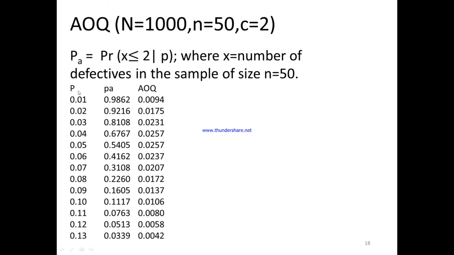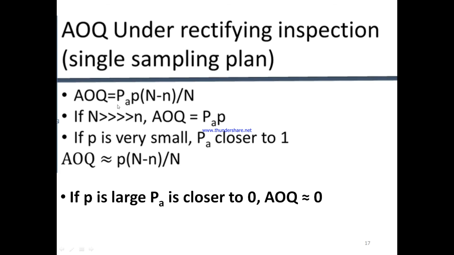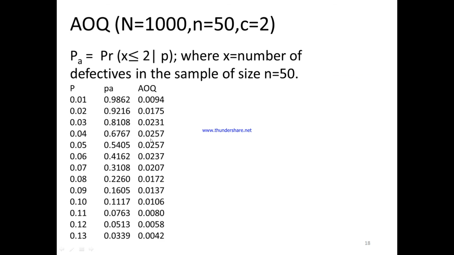So what I have done here is, now I have taken different p values starting from 0.01, 0.02 likewise, and in each case I have calculated the probability of accepting each lot with the given proportion of defectives, and then I have taken this equation, and you can substitute the PA value and the P value to the equation, and you can find the corresponding AOQ value.